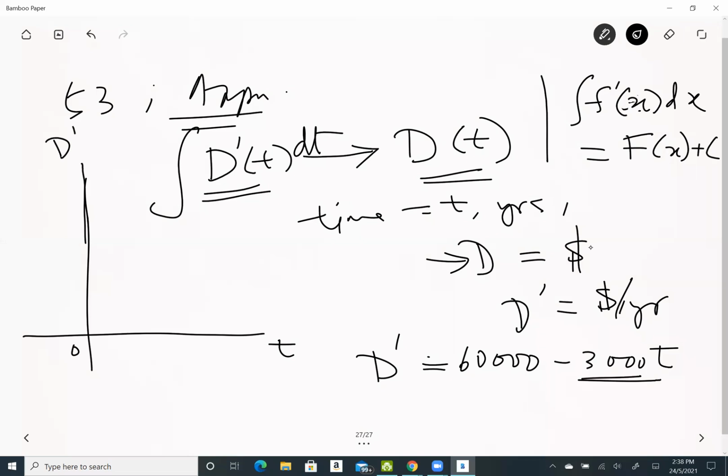I have to make it larger there. The intercept here is 60,000, so we do the unit in thousands, that is 60, and then the negative slope. So we can compute the t intercept. What is the t intercept? Can anybody find it? How many years until the depreciation rate is equal to 0?